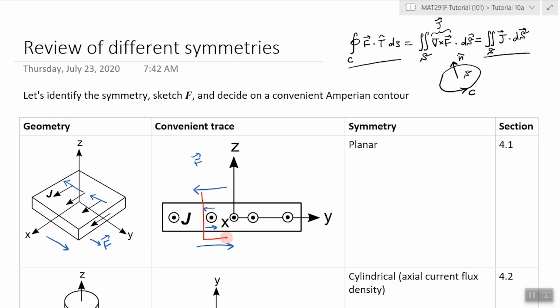Also, another feature of a good Amperian contour is that the contour aligns with the field on some of its portions and is perpendicular to the field on the other portions. This makes everything much easier to integrate. The kind of symmetry that's present in this problem is planar symmetry, and it's discussed in section 4.1.